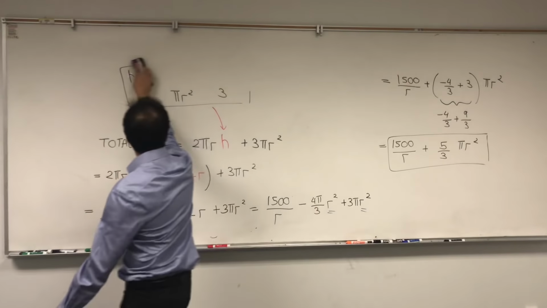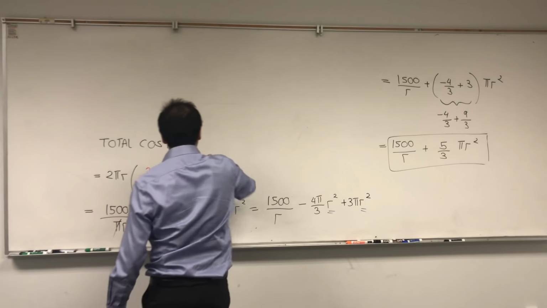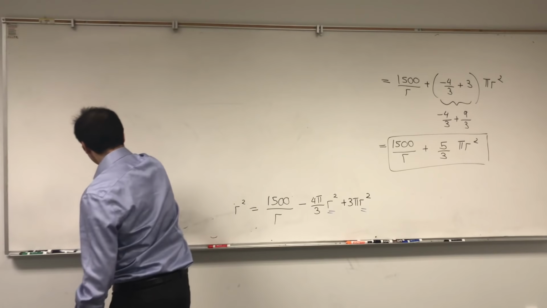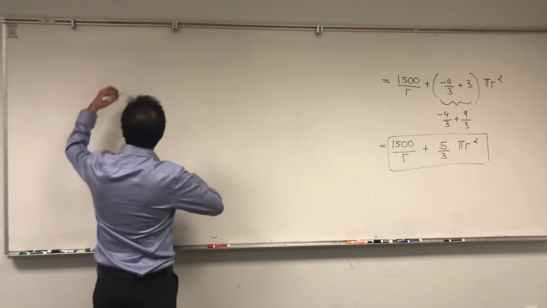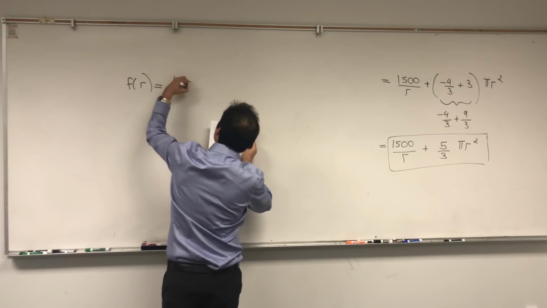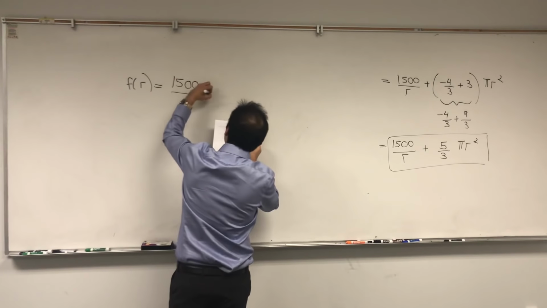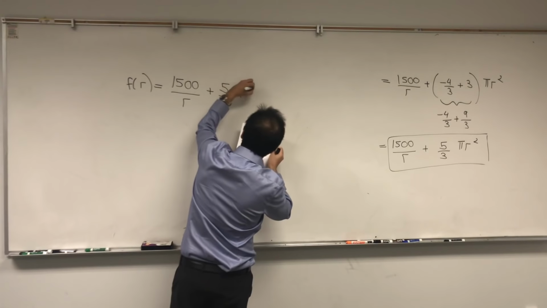So the rest is really just pure calculus. How do you minimize this function? So in other words, f of r is 1500 over r plus 5/3 pi r squared.